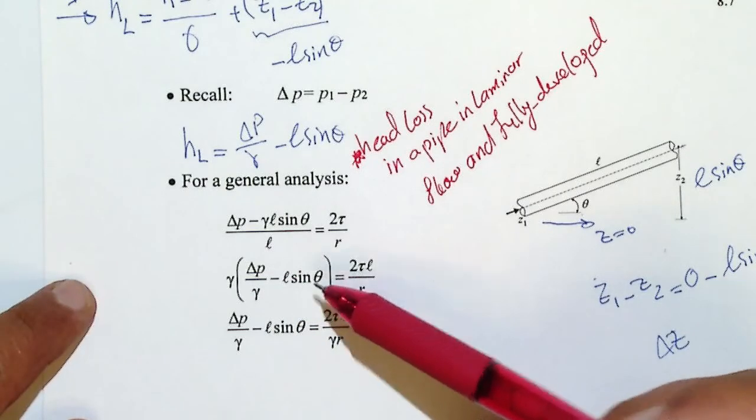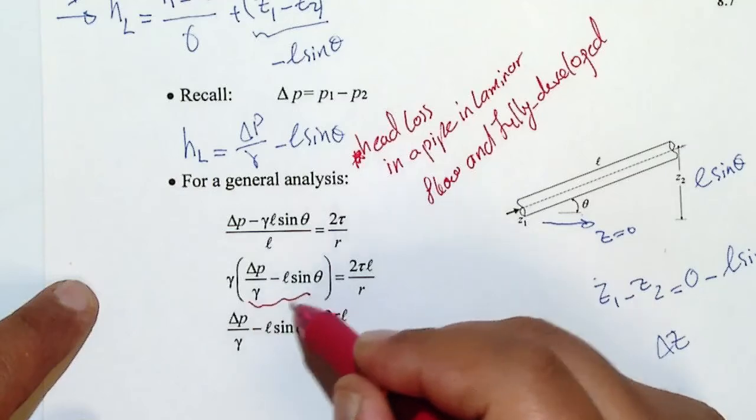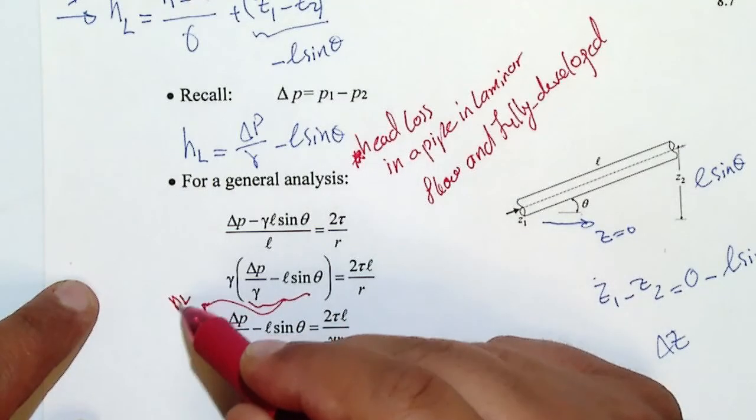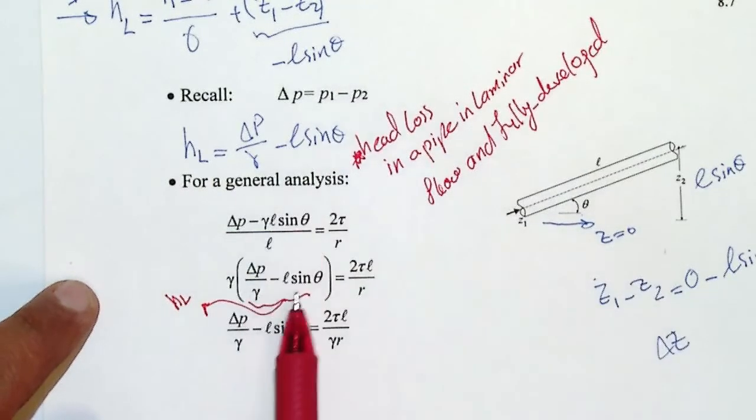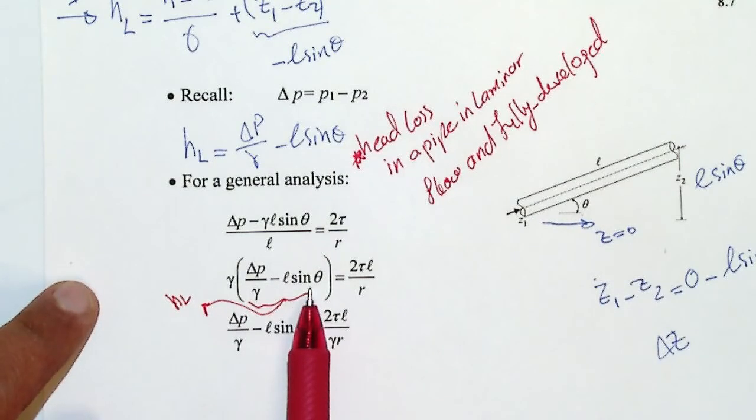You replace this term with what? HL. Why? Because delta P over gamma minus L sine of theta is HL, right?